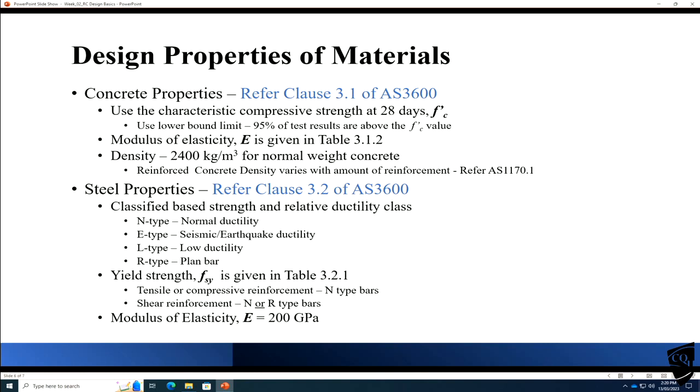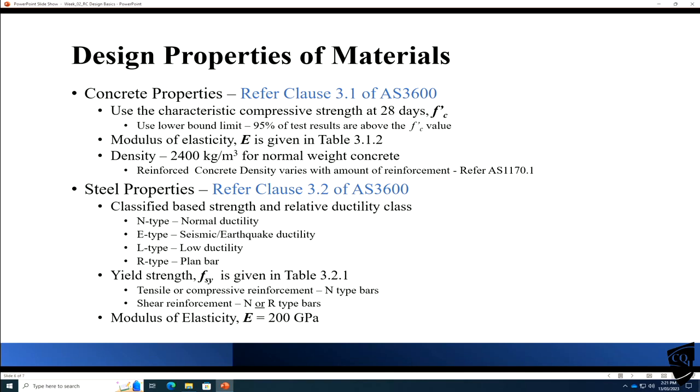And also clause 3.2 gives the steel properties. Normally we use N-type bars, normal ductility bars, that have 500 MPa strength.